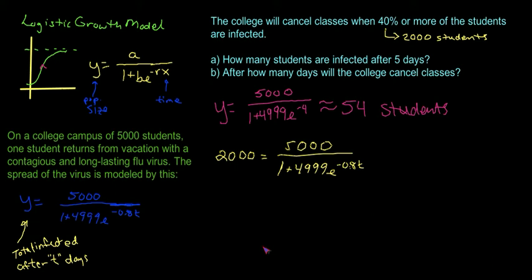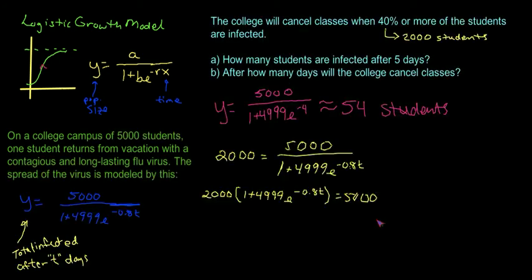Alright, so a couple things that we can do on this one. One, we're going to get rid of this fraction by multiplying this all over to this side. So we're actually going to get 2,000 times our denominator. This is just letting us cancel our fraction. And that equals 5,000.